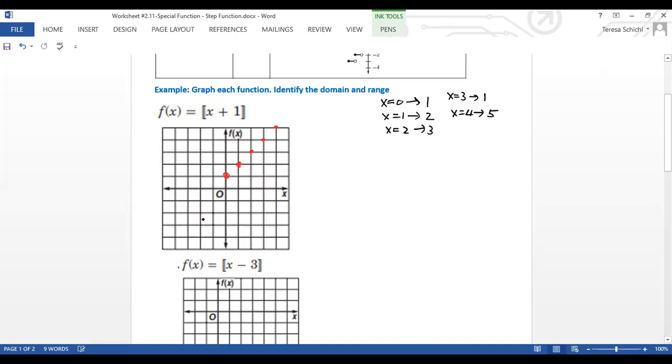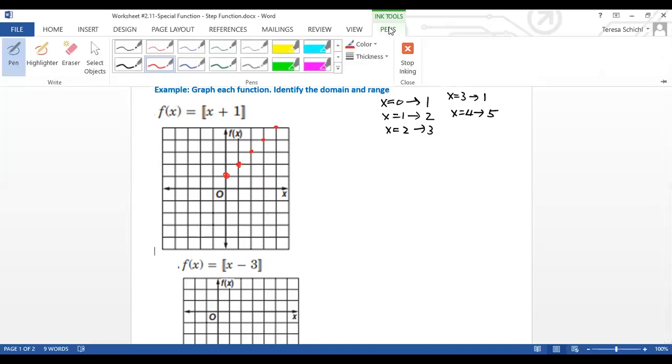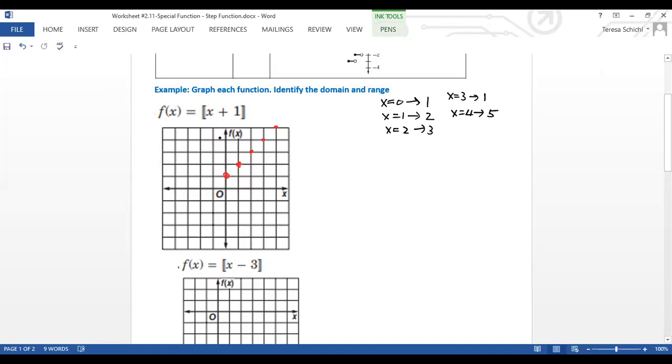Those are my right-hand side points. I know it's going to jump right in here, so my graph has a circle here, here, here, and here. That is how my steps go when x is greater than 0.